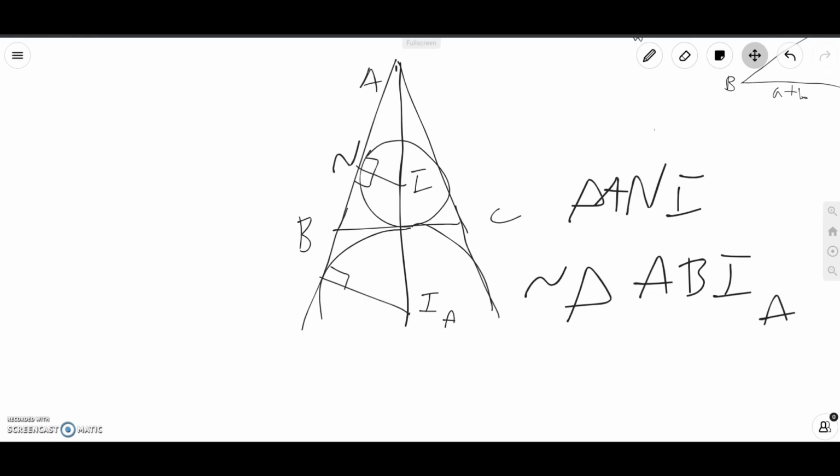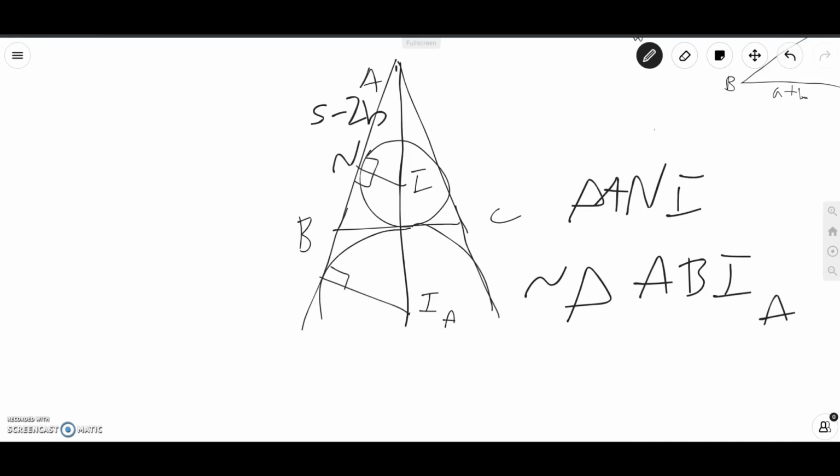So easily we know that AN is going to equal basically S minus A, right? This is going to equal S minus 2B. That's simply another fact of the in-center.